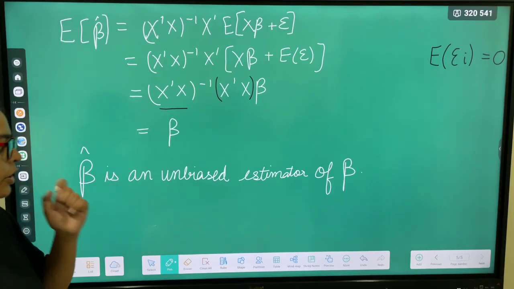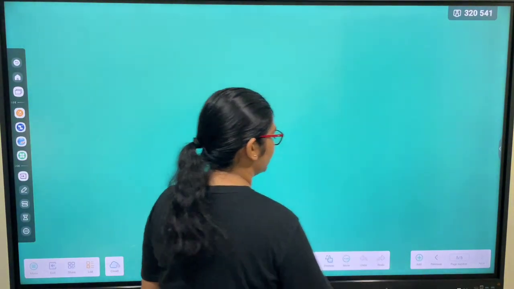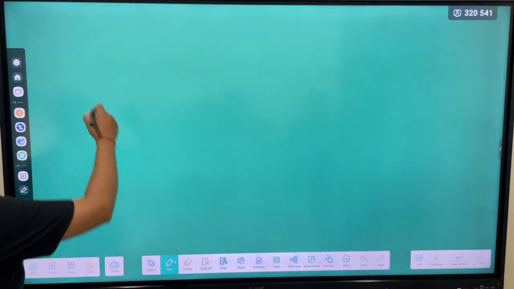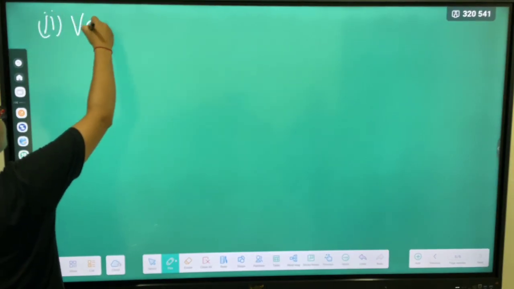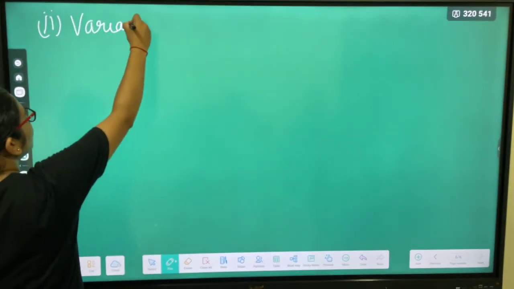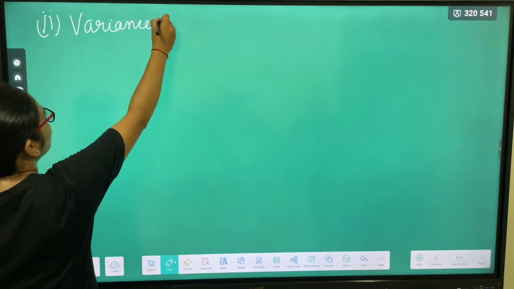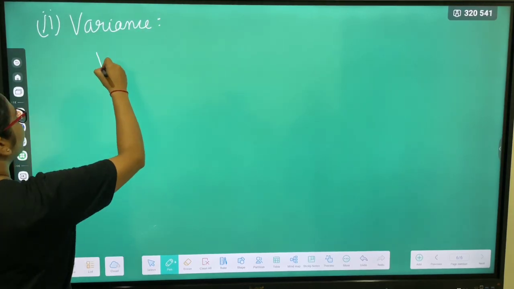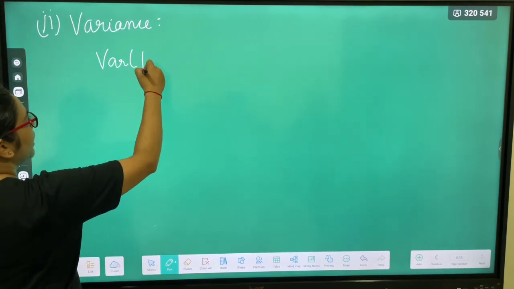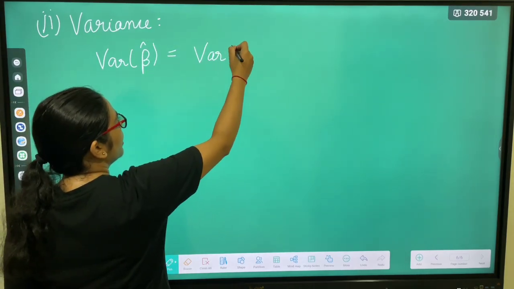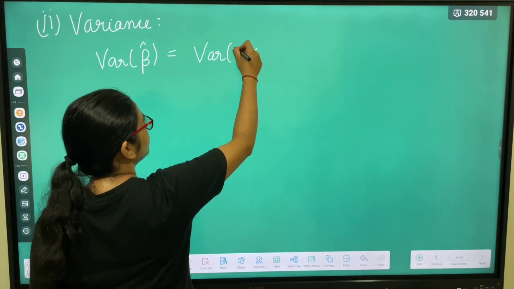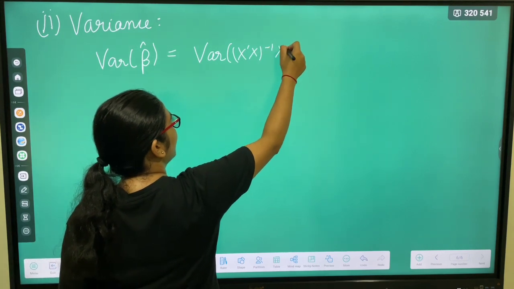Now moving on to the second property, which is variance of beta cap. Variance of beta cap can be written as variance of x dash x inverse x dash y.